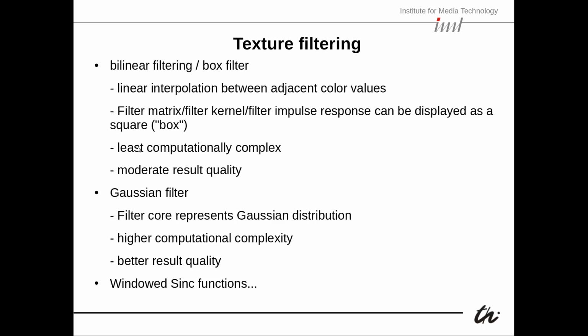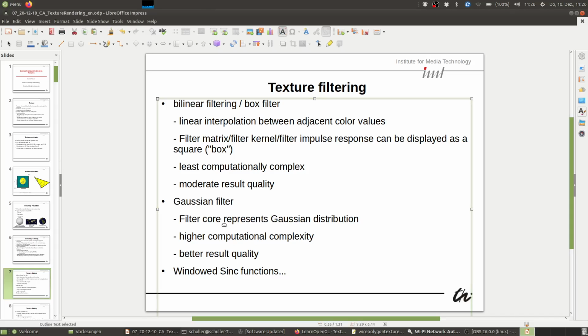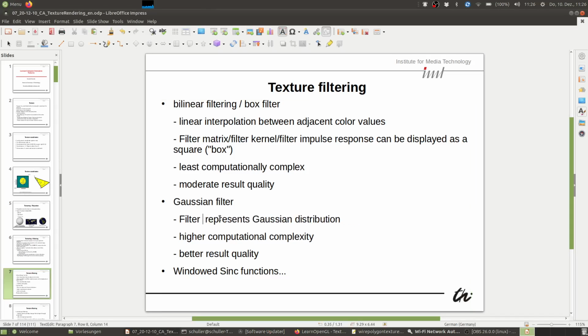So this is the least computationally complex low-pass filter, but it also only results in moderate quality. Then we have the Gaussian filter, where the filter kernel represents the Gaussian distribution. So again, this should be kernel.